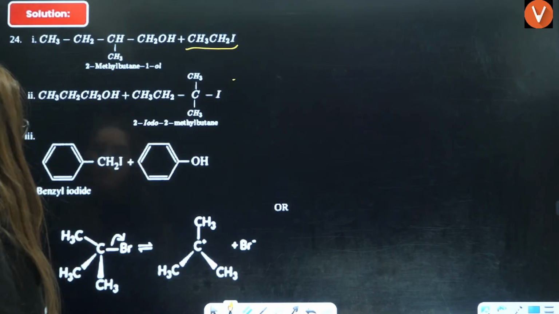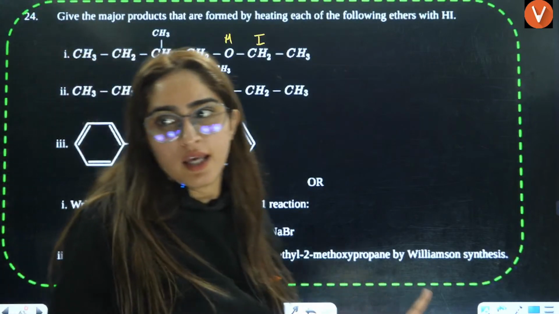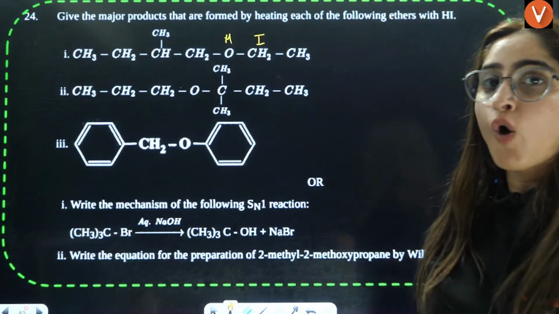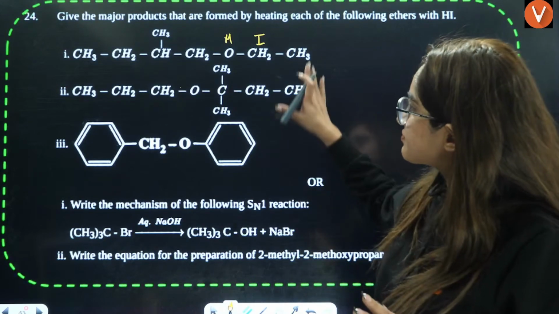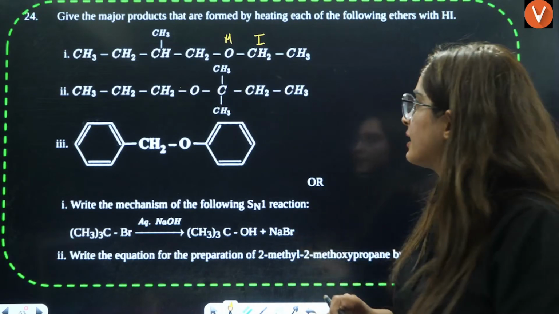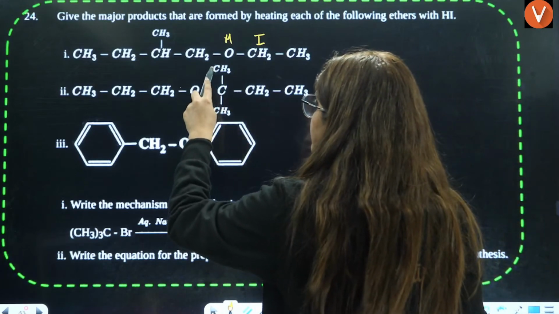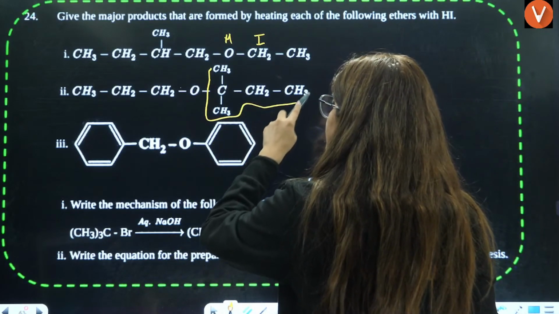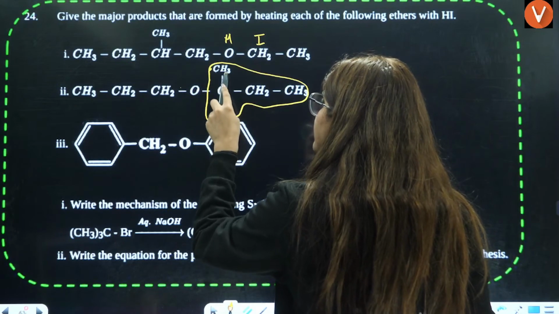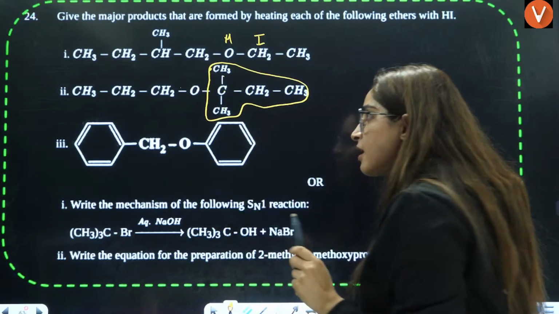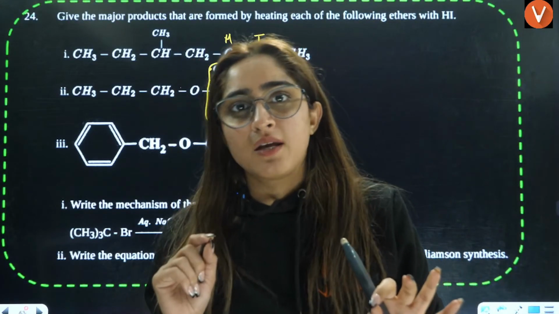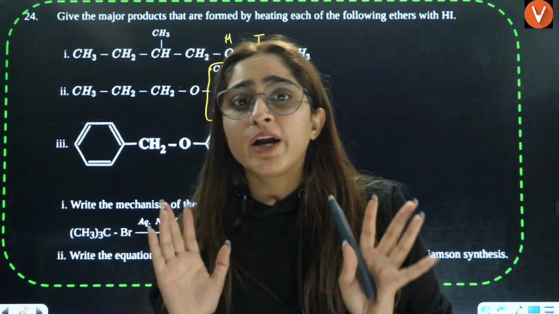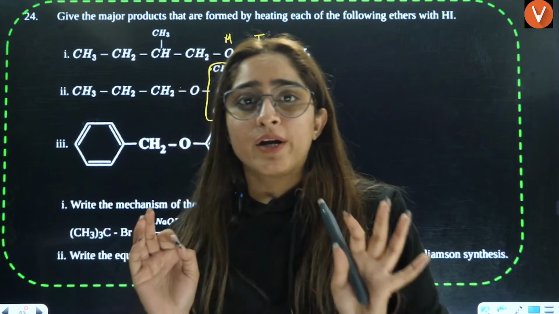But very, very important question. It's also a very important question of competitive exams, not only boards. So what you will see here, this is 3 degree. This carbon is connected to 3 carbons. So if any of the alkyls, and beta, I am saying here, very, very important point.